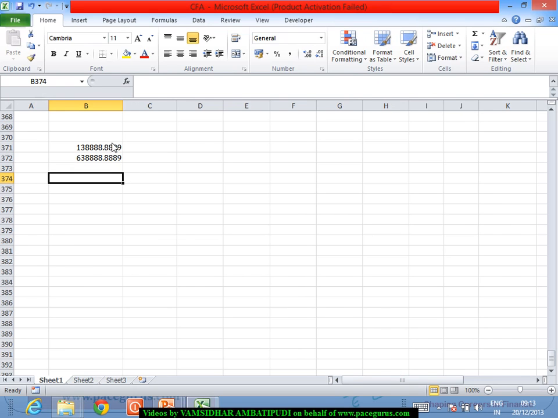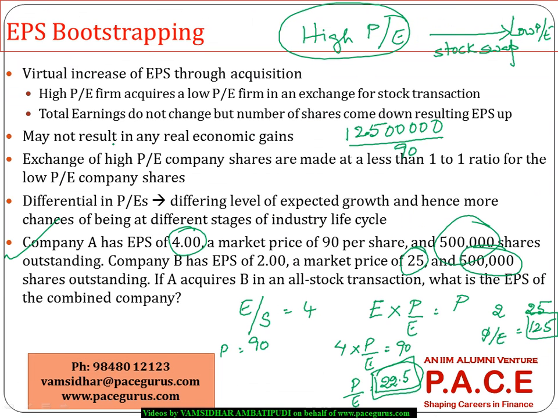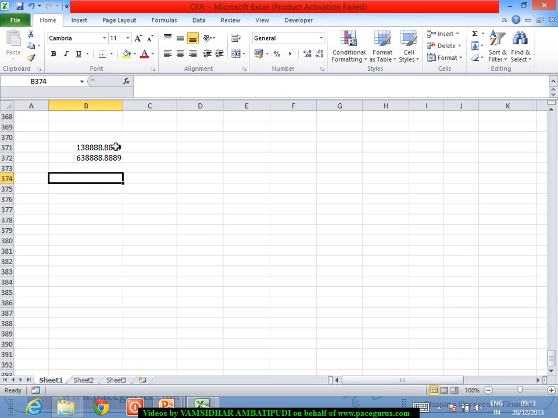Then what about the earnings? For the first company A, EPS is 4 and the number of shares is 500,000. So 2 million is the earning of A, because per share the earning is 4 and there are 500,000 such shares. Whereas 1 million is the earning of B. So the total earning is 3 million.